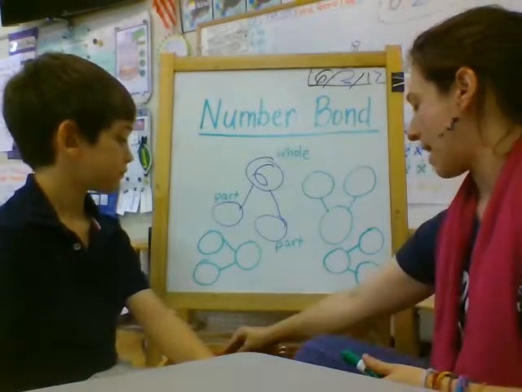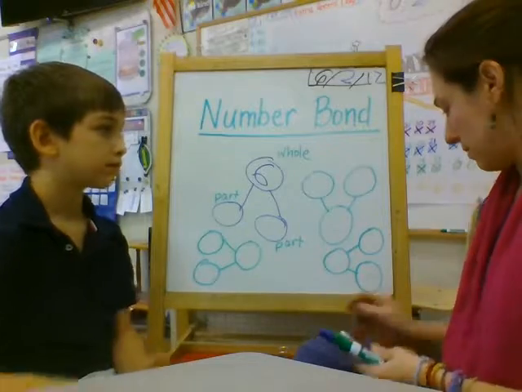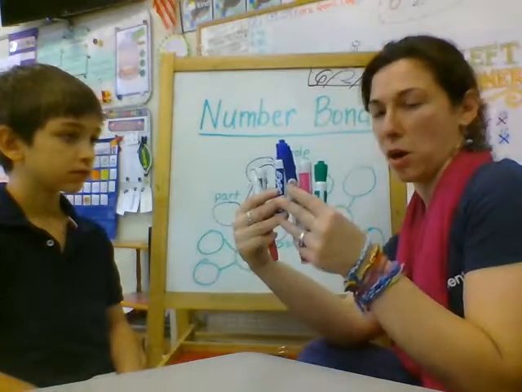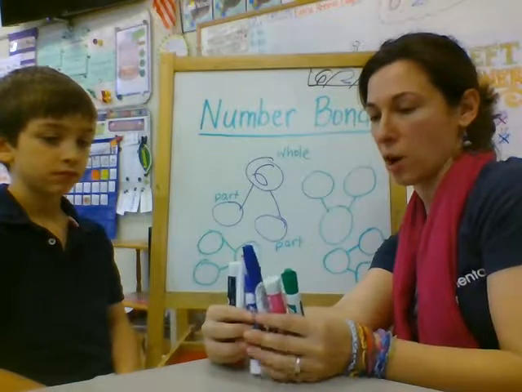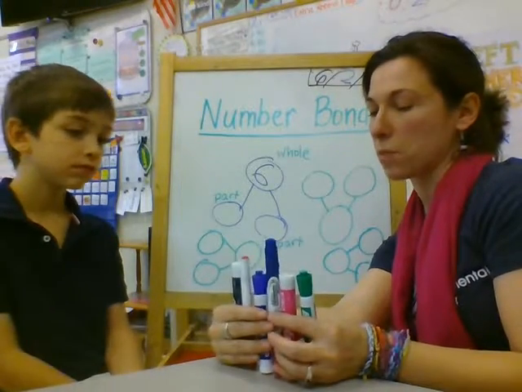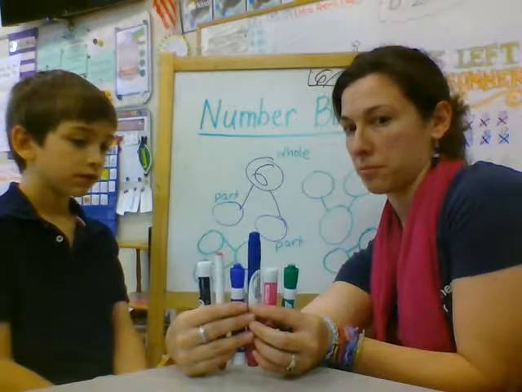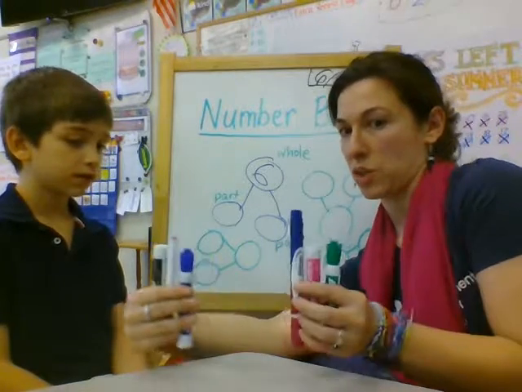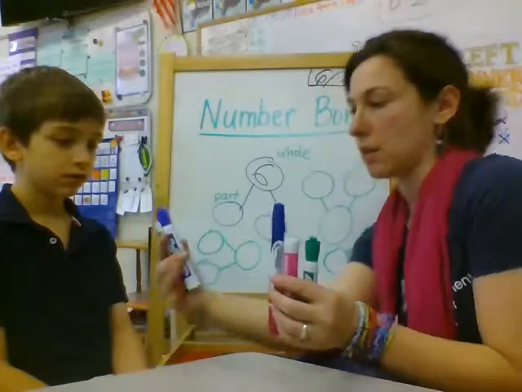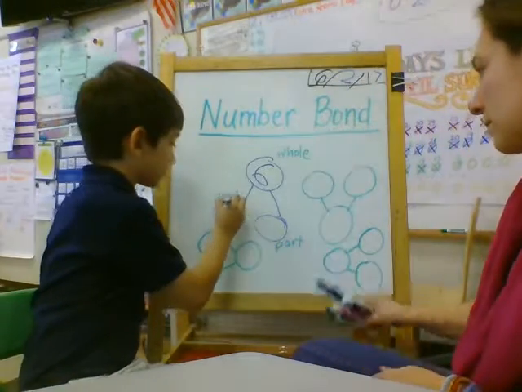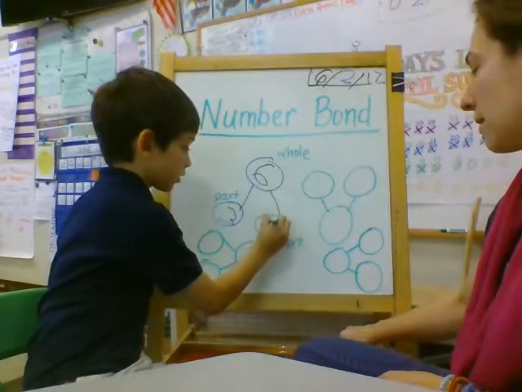If I had 6 markers, what could be one part that we could find in between these 6 markers? 3 and 3. So we could do 3 and 3. So why don't you go ahead and fill in those parts?